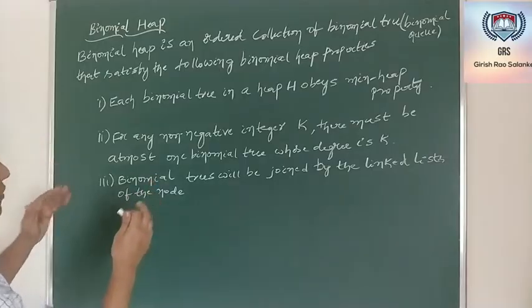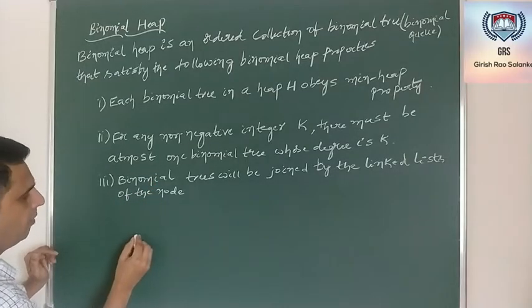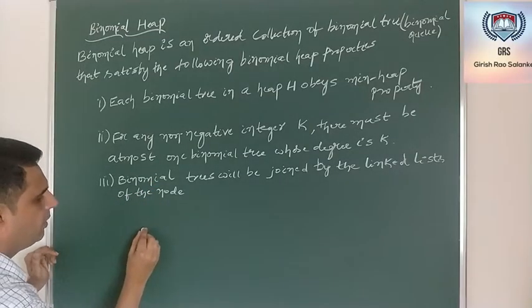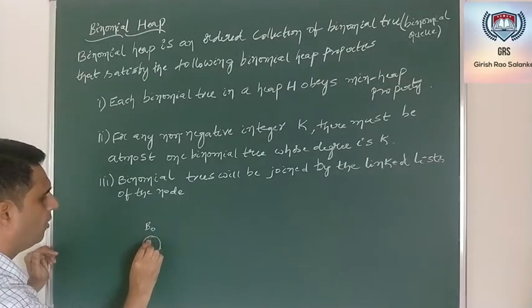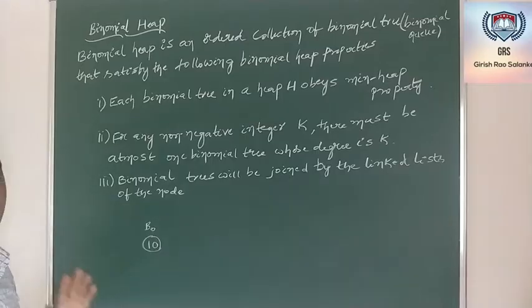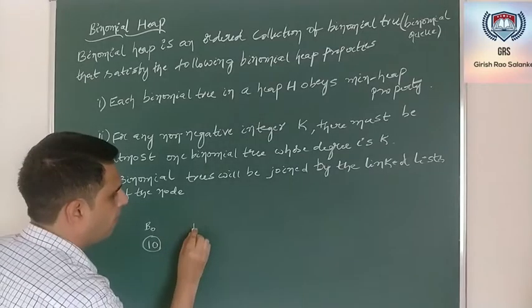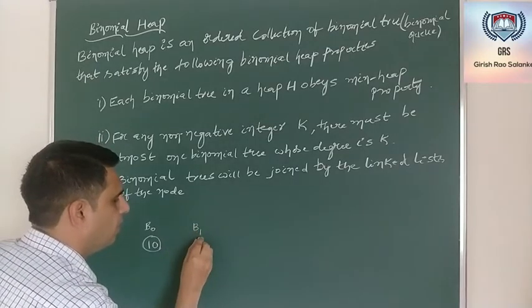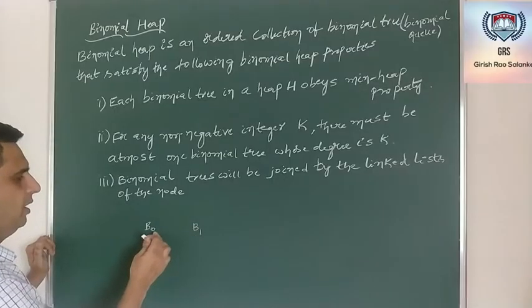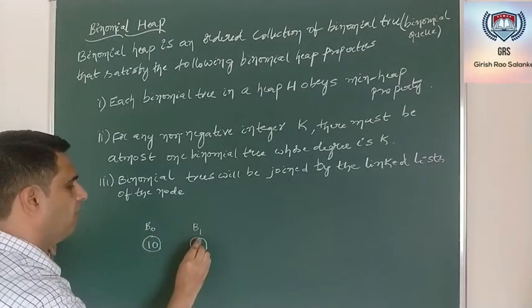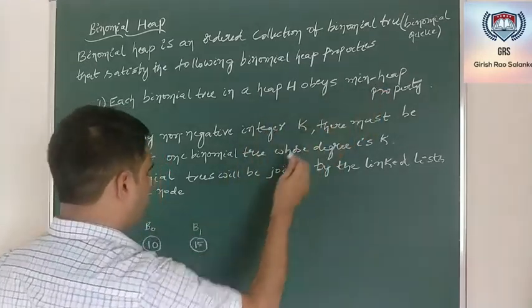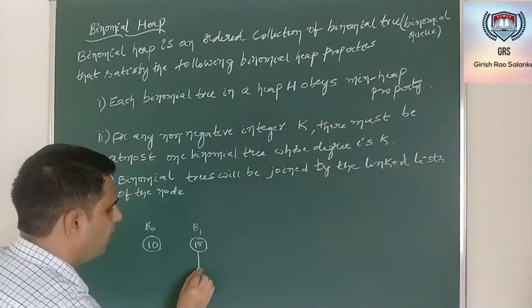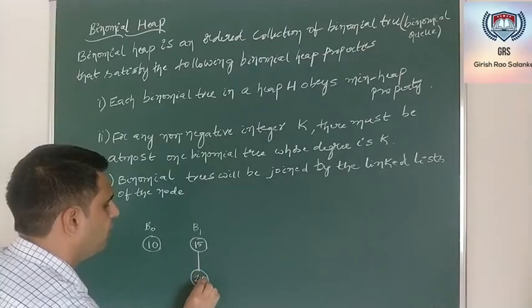Say for example, if I take one binomial tree B0, B0 means I can have only one node, 10. This is fine. If I have B1, you know that B1 is nothing but 2 B0s. So if I have 15 here, in order to obey the min heap property, the children of this 15 should be greater than 15.